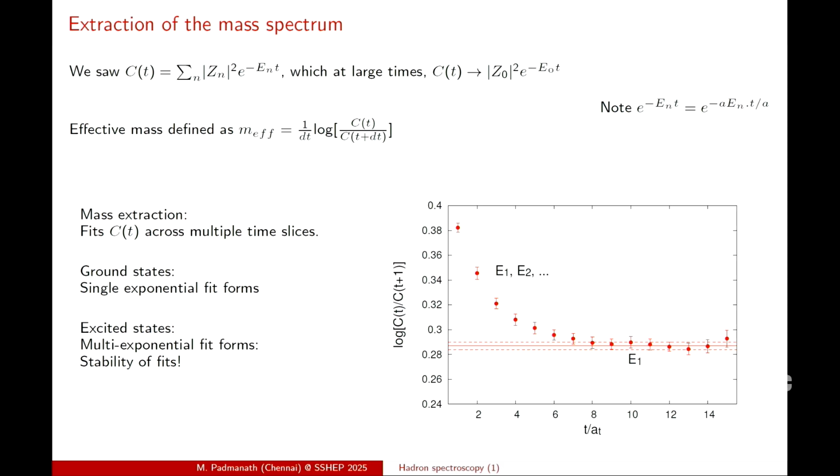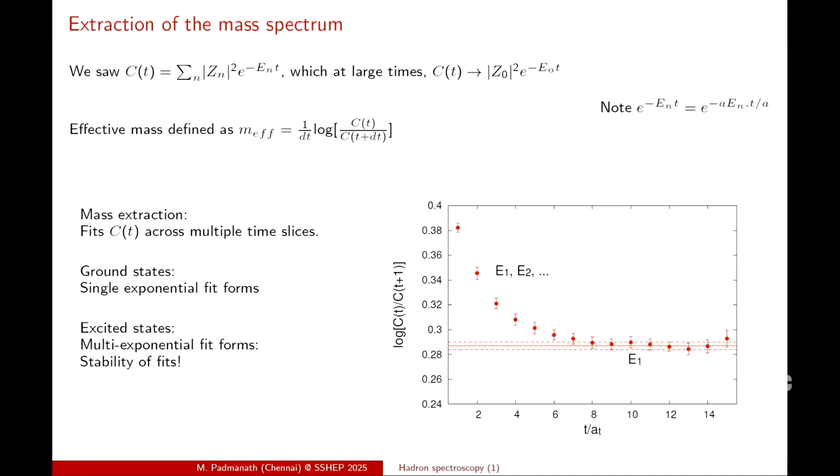I will come to that in a moment, but basically what I am trying to say is that you just look at the late time plateauing, and from that you can extract the information about ground state energies. So at very large times, you can just go for single exponential fit forms. As I said, you can drop all the higher energy terms in this summation and just use the leading term to get the ground state energy.